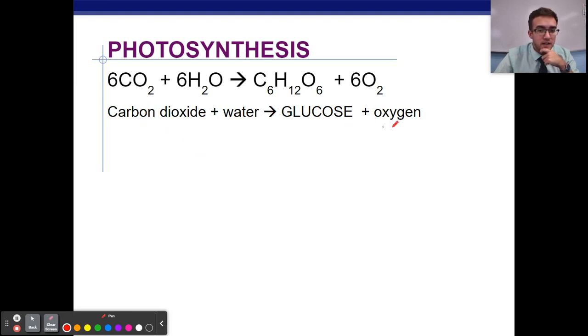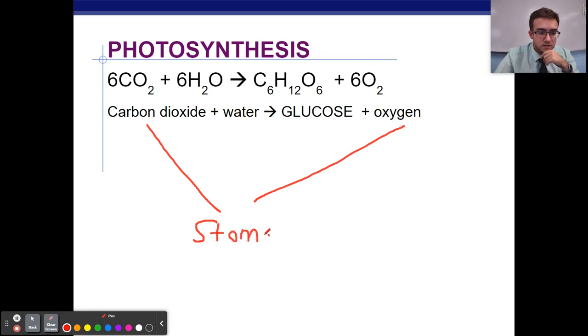The carbon dioxide and the oxygen are going to enter and leave the leaf through what we refer to as the stomata. So the stomata are little openings at the bottom of the leaf that regulate gas exchange within the plant. That's going to regulate how much carbon dioxide gets in and how much oxygen gets out.